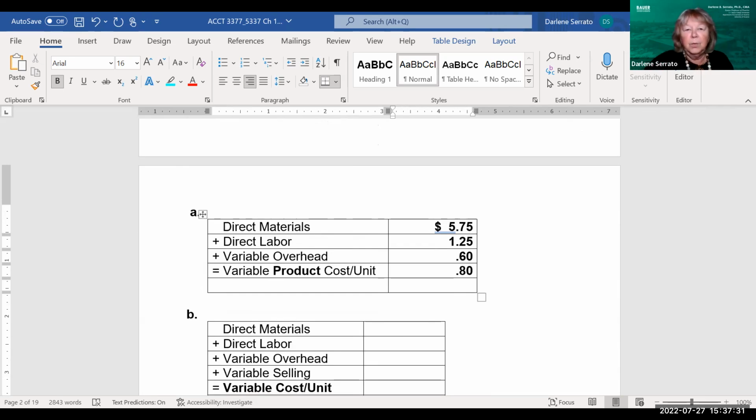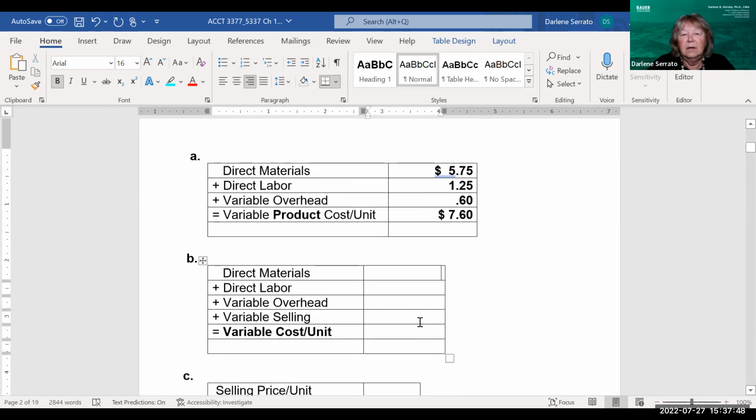Oh, no, we don't want 80 cents yet. Your variable product cost is $7.60.